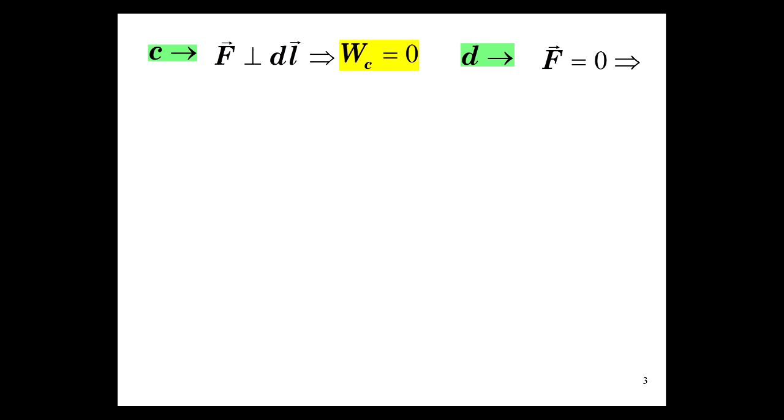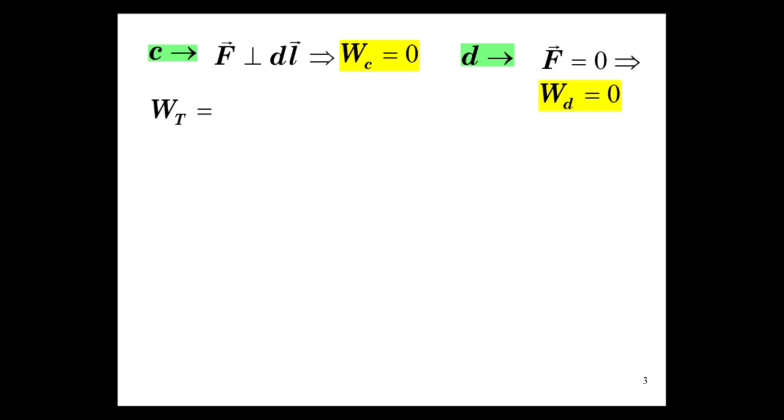Well, if there's no force, even though you're supposedly in line or parallel or even anti-parallel to the force, the motion is anti-parallel to the force, but the force is 0. It's a little weird to say that. So anyway, in any case, the work along path D is 0.